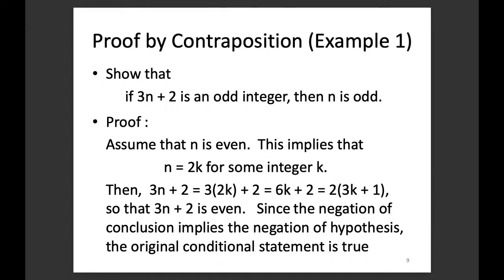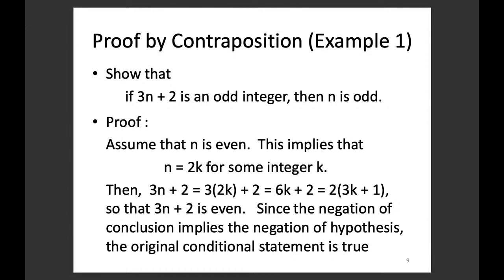So for instance, this one. It says that 3n plus 2 is an odd integer would imply n is an odd integer. Here the n that we talk about is an integer. So we start by fixing that somebody tells us that n is a certain integer.